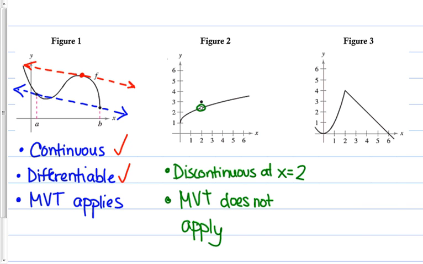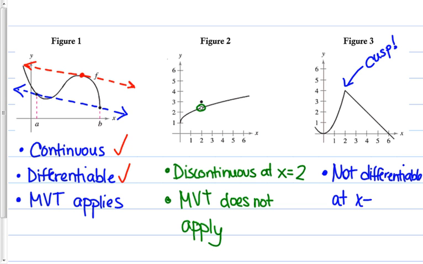For figure 3, closed interval, right? From, if I had to take a guess, -1 to 6.5, 7, something like that. But see right here, I have a sharp little cusp. Because of that cusp, this graph is not going to be differentiable. So it's not differentiable at x equals 2.